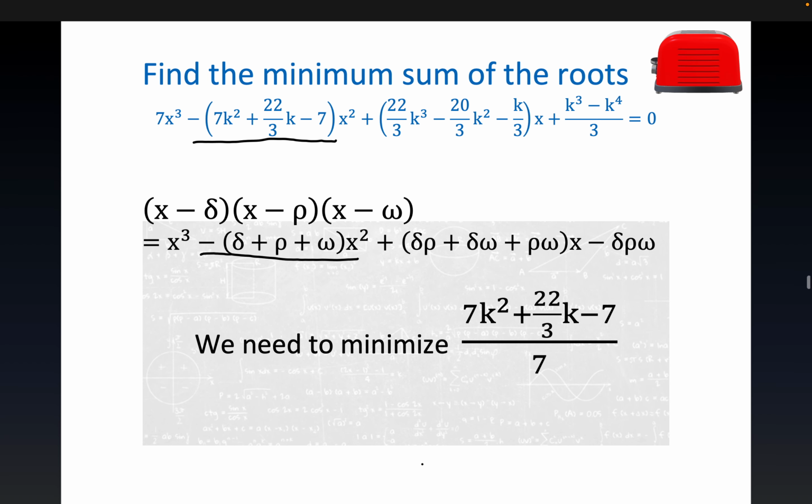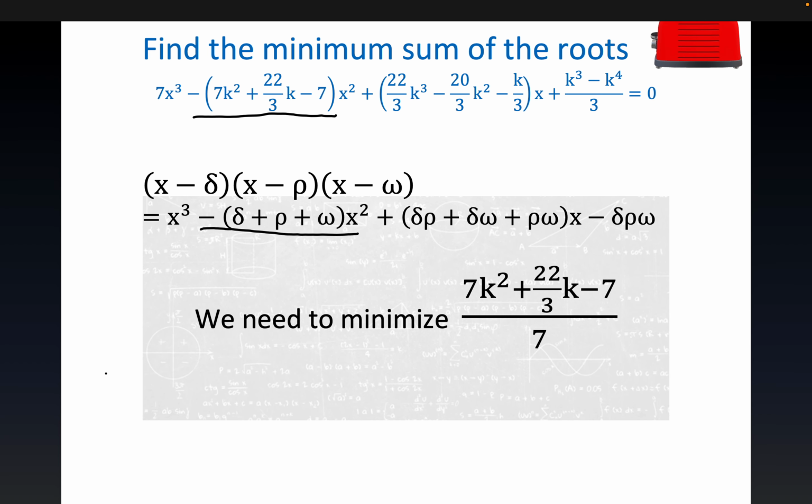Okay, so this is equal to what? k squared, and divide this by 7, what is that?